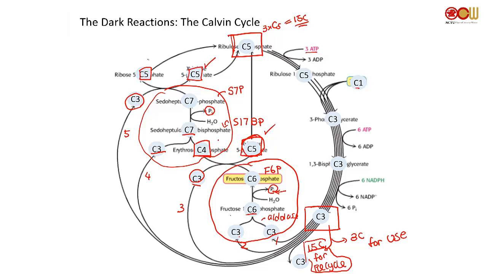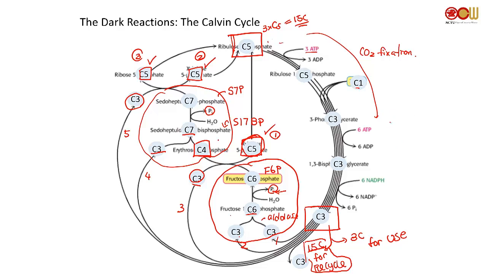This is the second C5, this is the third C5. So we have 1 C5, 2 C5, 3 C5, and those C5s can then all become RU5P, ribulose 5-phosphate, and then they can do this process again. So this is the, I don't know, CO2 fixation.